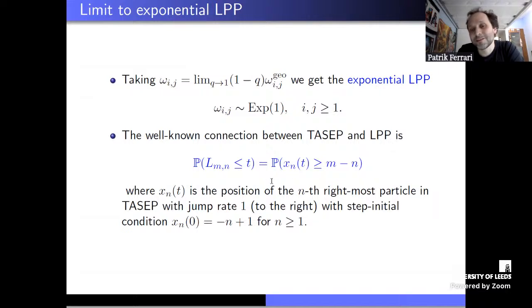If you start with a so-called step initial condition, where x_n(t) is the position of the nth particle at time t, counted from the right, and they all start as a block, then the last passage percolation to (m,n) is less than t exactly when the nth particle has already made m jumps, which means its position is greater than m minus n.